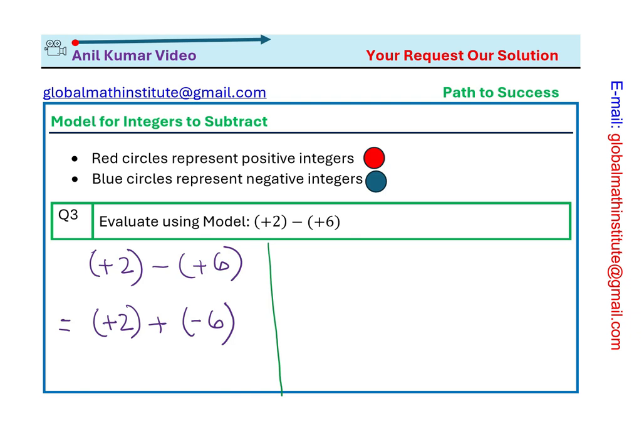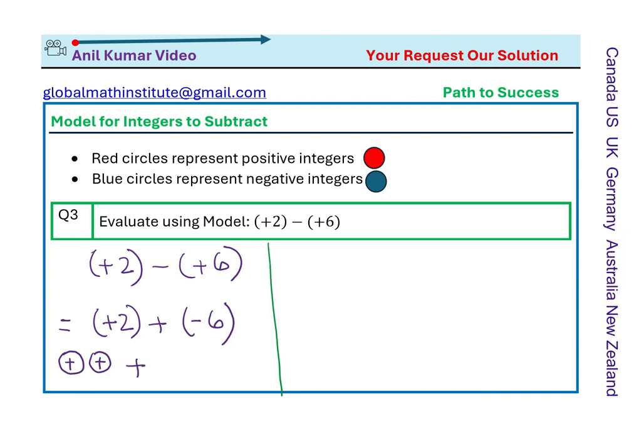So what is plus 2 for us? Well, the plus 2 is these counters 1 and 1. This is plus 2. And to this, we are going to add minus 6, means 1, 2, 3, 4, 5, 6.